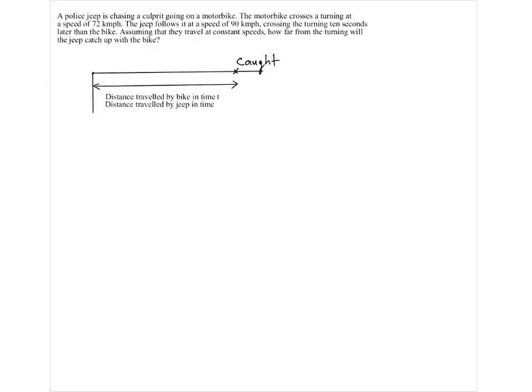If somebody is traveling at 90 kmph, will that fellow take more time to cover the same distance? T plus 10. Shouldn't it be less time?